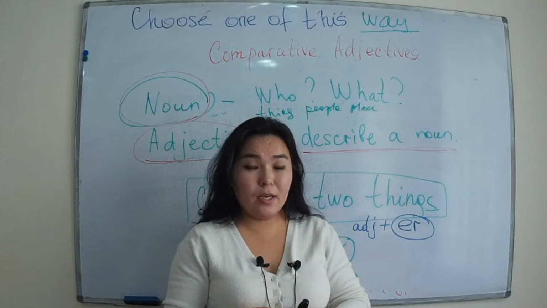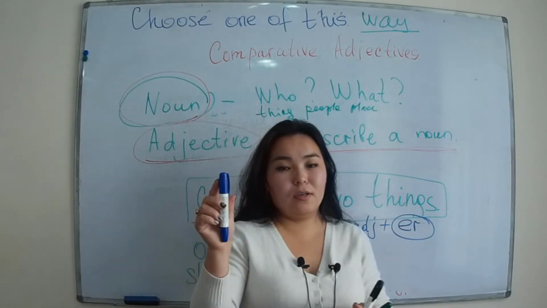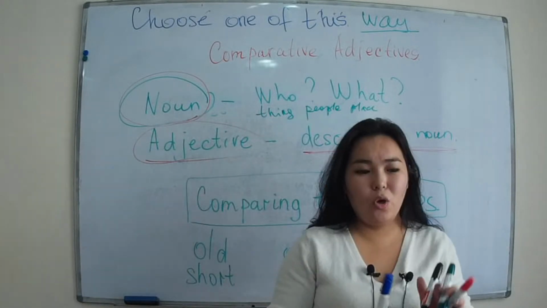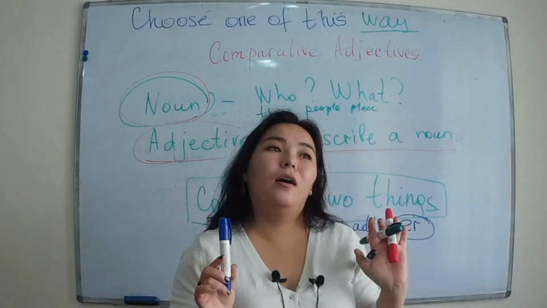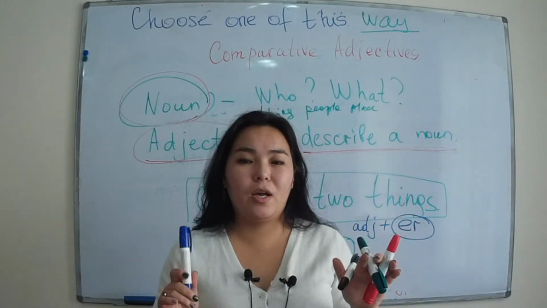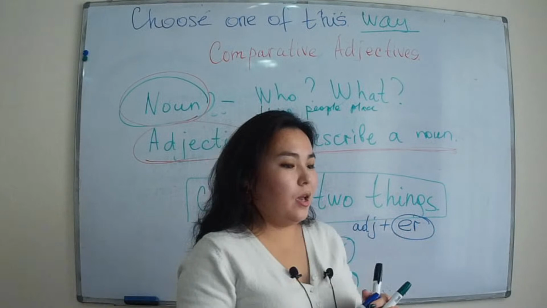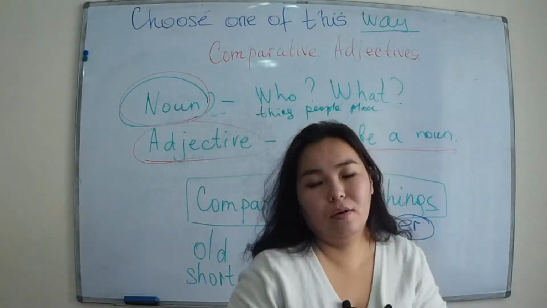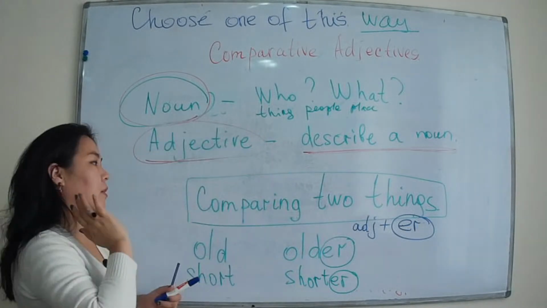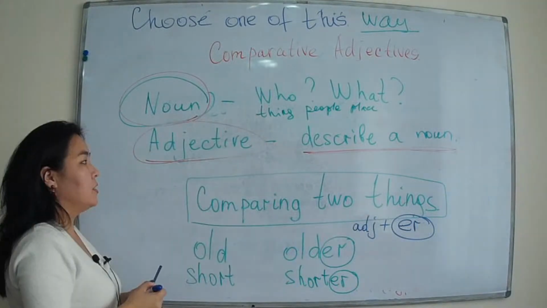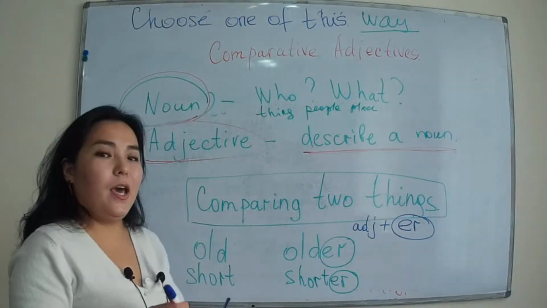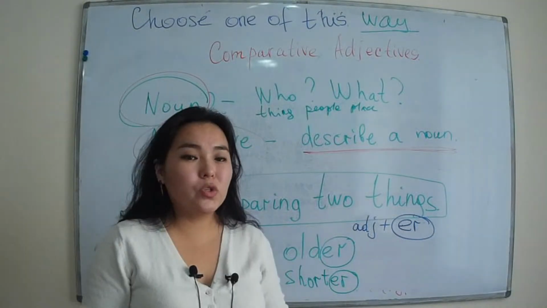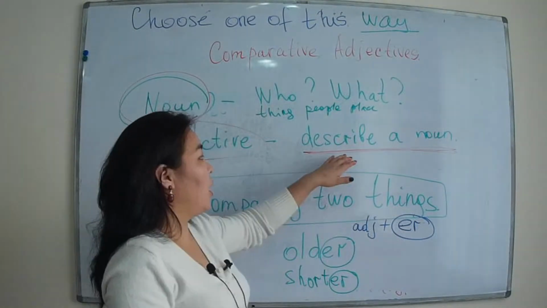And blue marker. So we describe these markers. We describe their colors. And we can talk about everything using different adjectives. Adjectives we use to describe a noun.